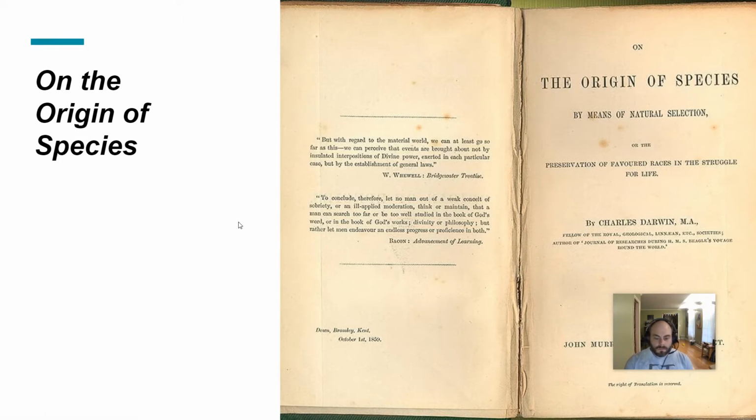So, a very important book in science in general, and in biology in particular. Almost all biological sciences lean on these ideas at some level, even though our understanding of evolution has changed over time.